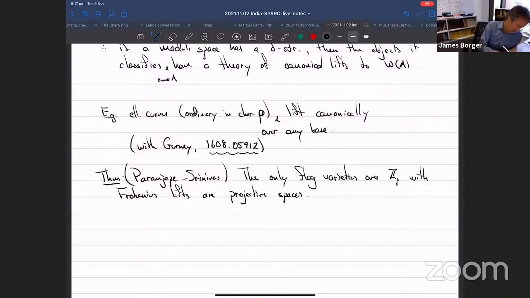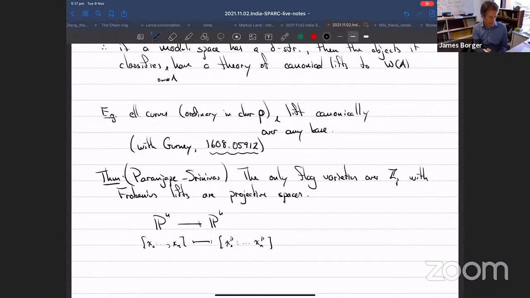So in a projective space, you do have a Frobenius lift because you just take the usual homogeneous coordinates and elevate them all to the pth power. And that gives you a well-defined map on projective space, and it manifestly agrees with the Frobenius map in characteristic p.